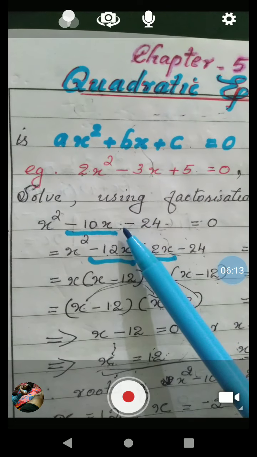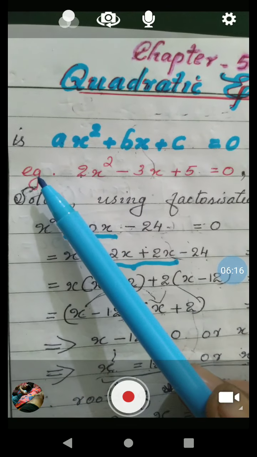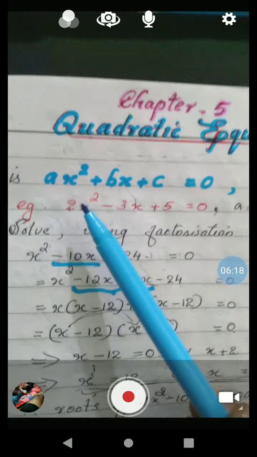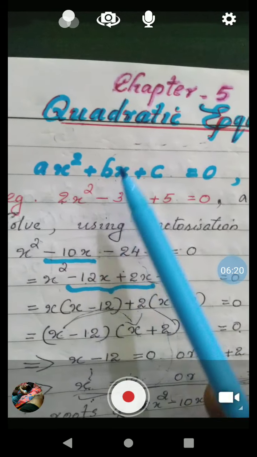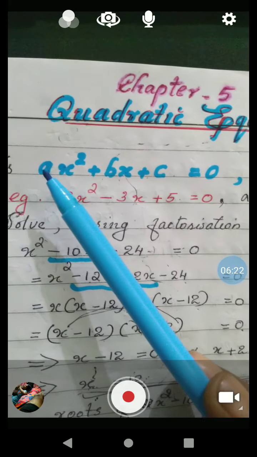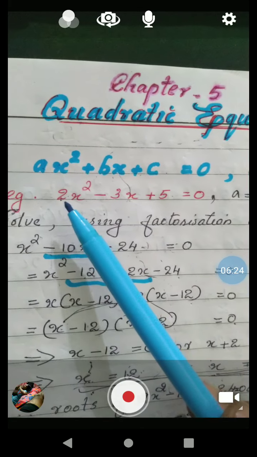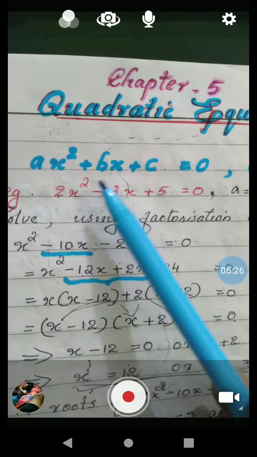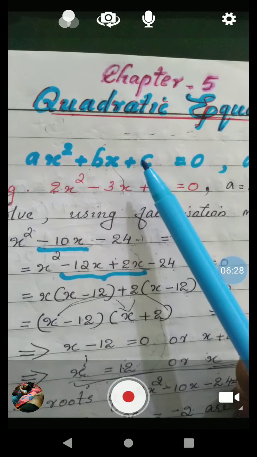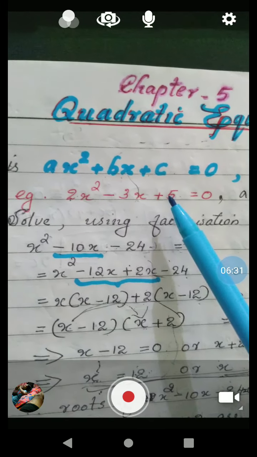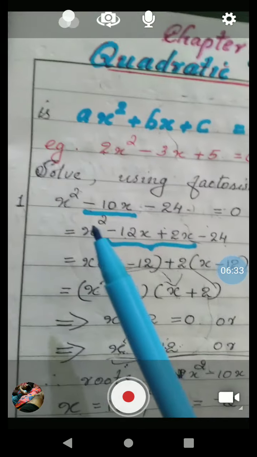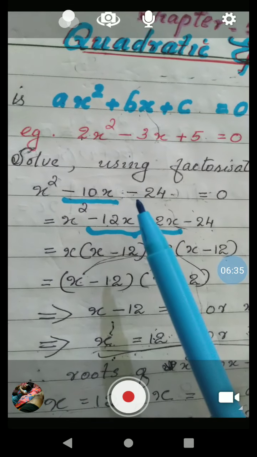You can see one more example. The same form. Okay, instead of a, here is 2. So a is equal to 2, b is equal to minus 3 and c is equal to 5. Similarly, we can factorize this expression.